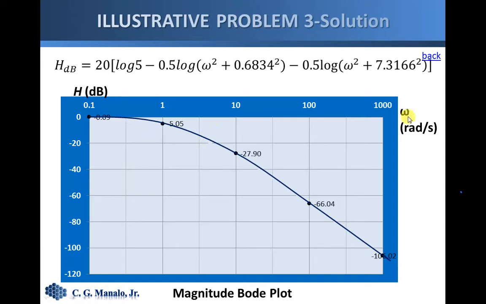For smaller values of omega, we'll notice that the magnitude of the transfer function approaches zero, and as we increase omega, the magnitude in dB decreases. It becomes a negative dB.